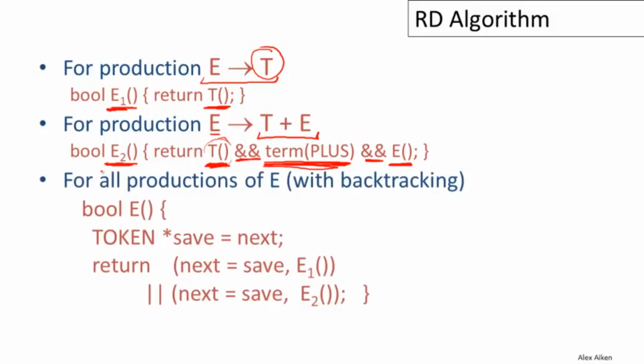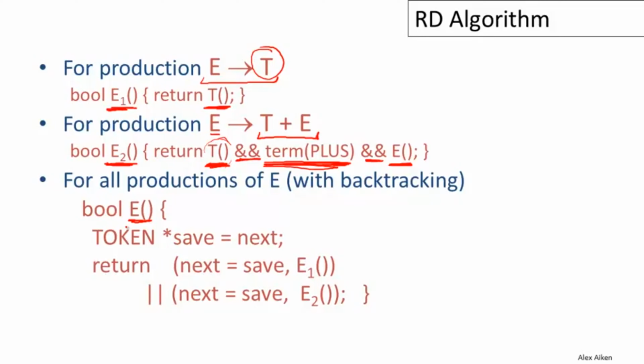Well, we have one more thing to deal with for E, and that is the function E itself. We need to write the function that will match any alternative for E. And since there's only these two productions, it just has to match one of these two productions. And this is where the backtracking is dealt with. Now, the only bit of state that we have to worry about in the backtracking is this next pointer. So that needs to be restored if we ever have to undo our decisions.